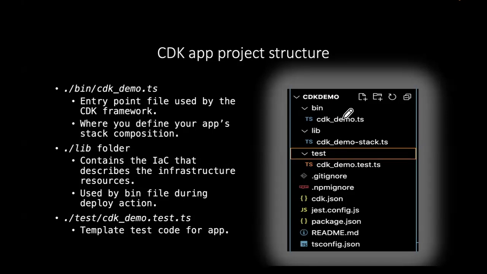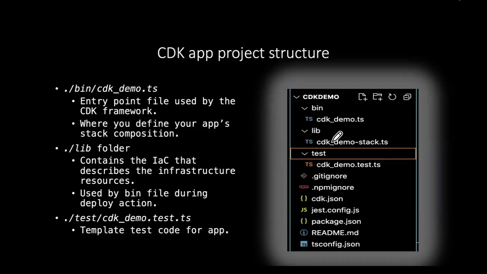What I mean by that is when you run CDK deploy from the command line, it first of all executes the code here. There's usually very little code in this entry point file. All that typically goes on inside it is that it creates an instance of the class that you have defined in this other file, where you put all of your infrastructure code.